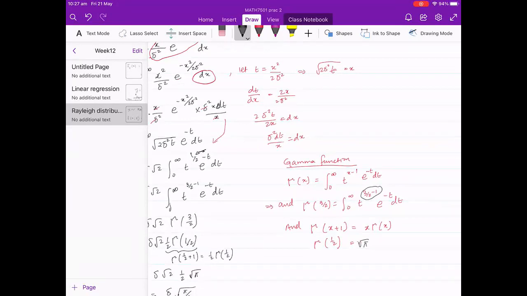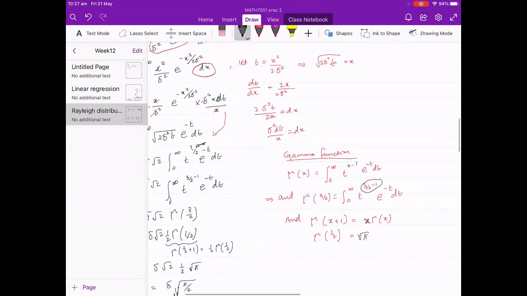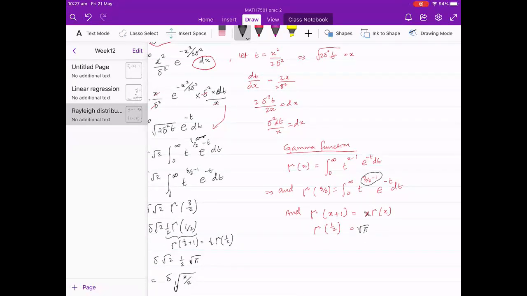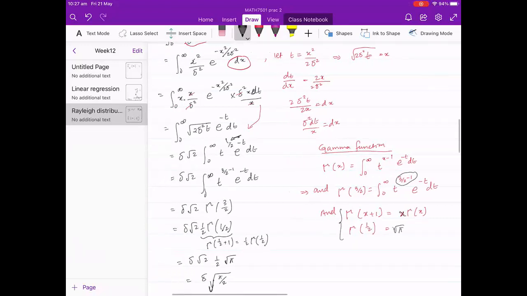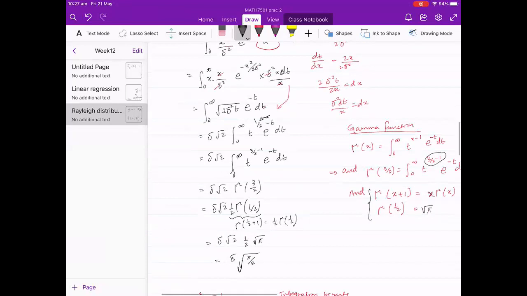The other property of the gamma function is that gamma x plus 1 is x times gamma x, and gamma half is square root of pi. So using these two properties, I could simplify this integral.